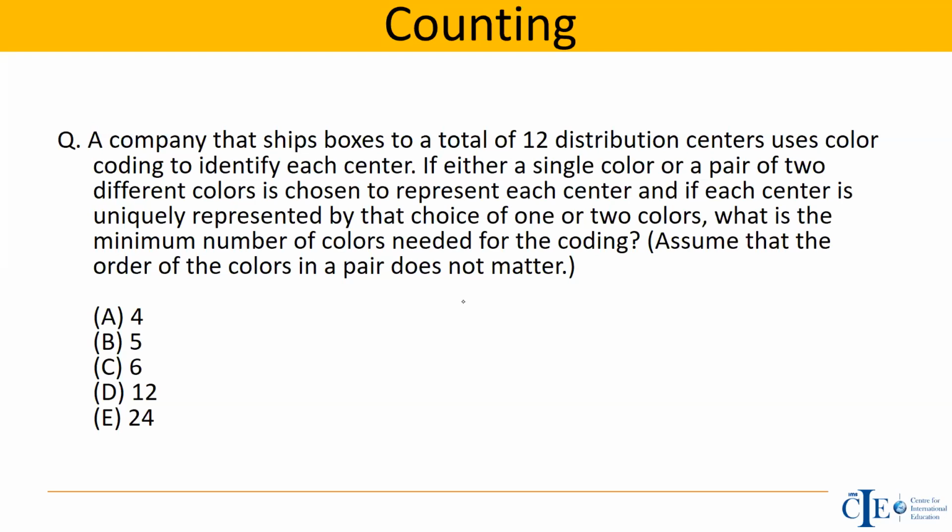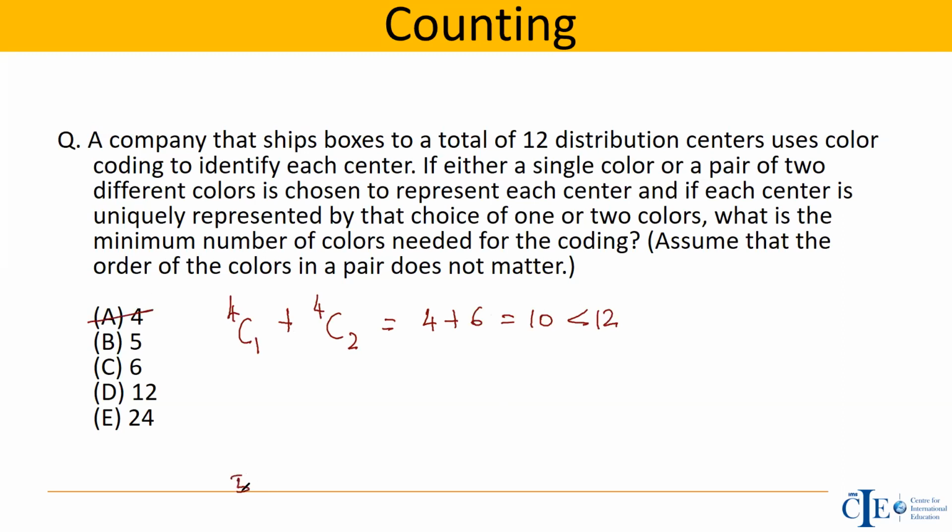Okay, so what is the answer? B, right? 5? Yes. So what we can see is simply if it is 4, then one color selection is 4C1, and when you select 2, order doesn't matter, that's why we're using C. So 4C1 is 4, 4C2 would be 6. That adds up to 10, which is less than 12. So 4 is out.